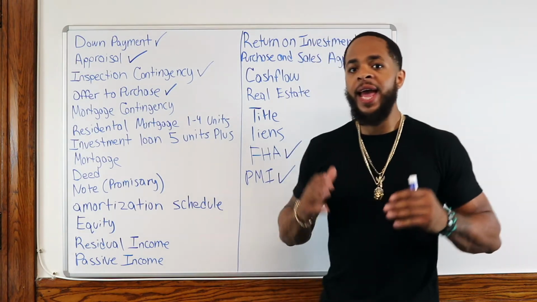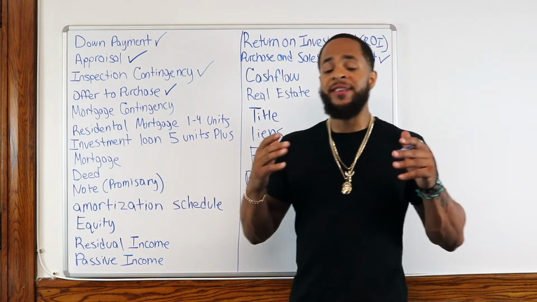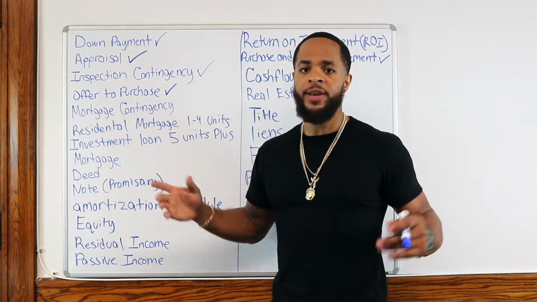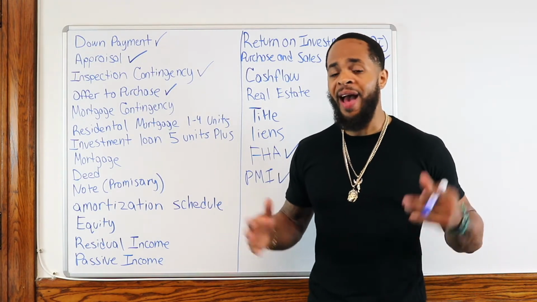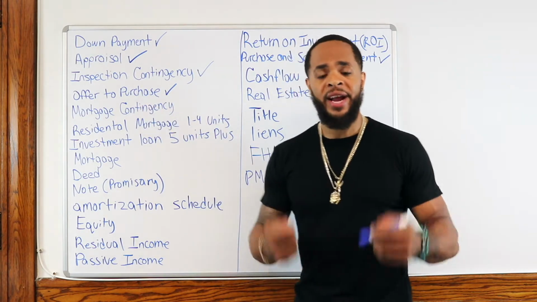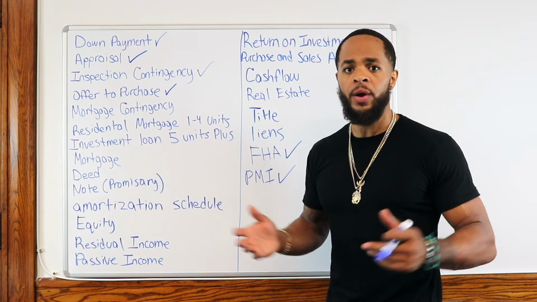Now, inside of this purchase and sales agreement, as a consumer, you want to make sure that you always put in a mortgage contingency, which just means that if for some reason you can't get approved for a loan after you've already been pre-approved from the bank, you can back out of that deal and collect your earnest money deposit, which is your money you gave to the seller to hold the deal in place.